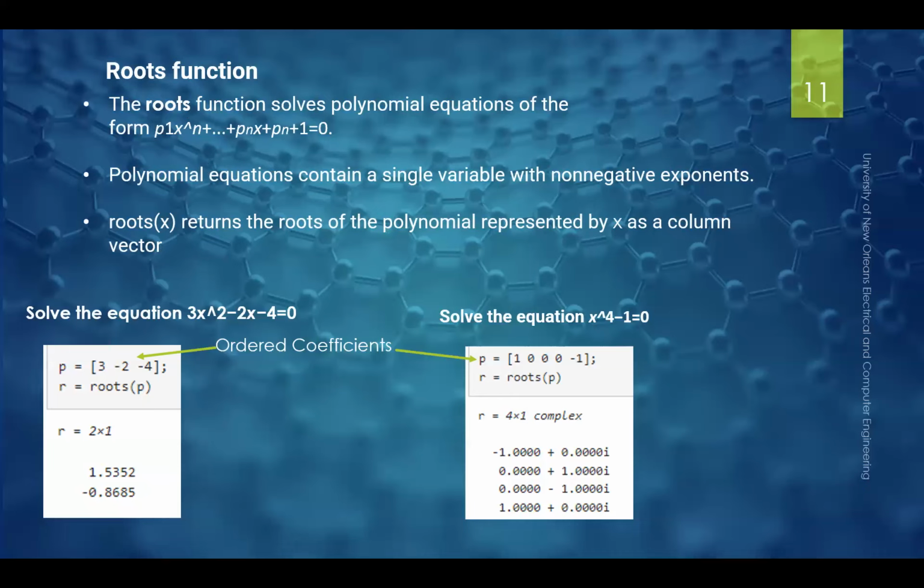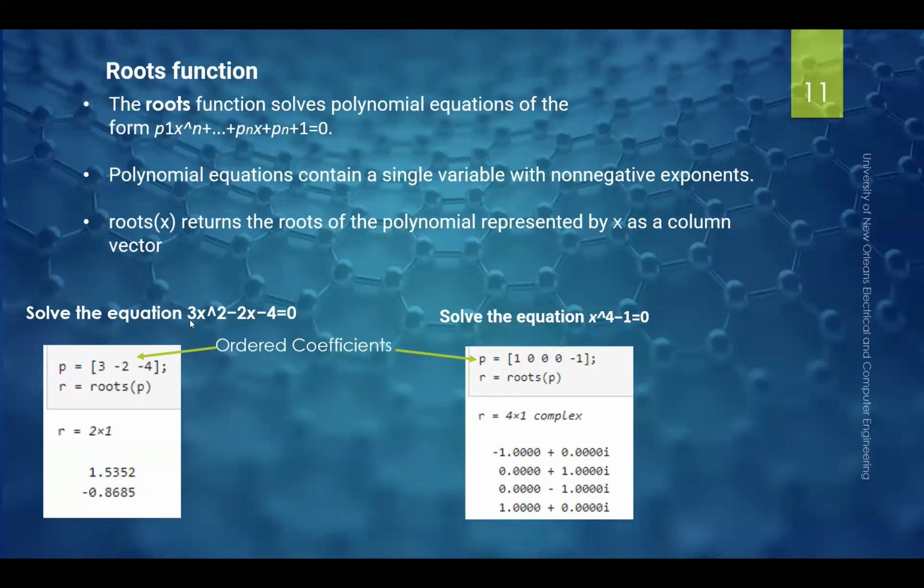And so the way to use it is really simple. Let's say, for example, we have this equation, 3x squared minus 2x minus 4, right? If you look at the second line in this statement here, roots calls the function, and the argument is a vector that contains the coefficients of the polynomial we want to solve in an orderly fashion. So from the highest to the lowest.